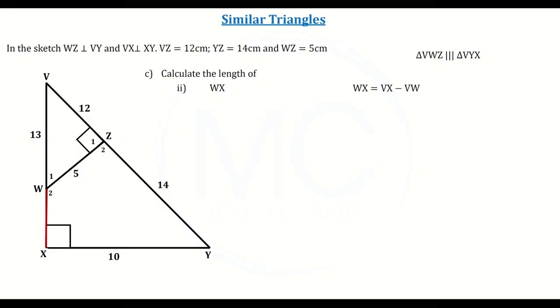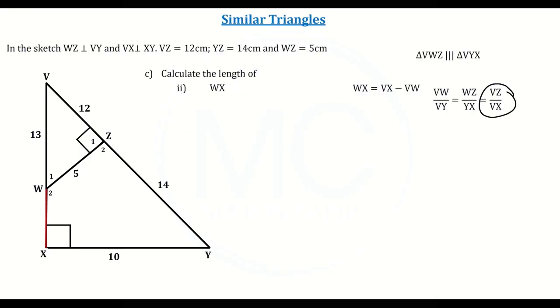We already know that VW is 13 units long, but to find WX, we first need to find the length of VX. We already know that triangle VWZ is similar to triangle VYX. We also already know that corresponding sides are all in proportion. We need to find the length of VX, so we need to use this fraction over here.